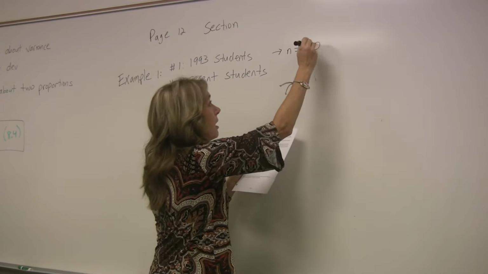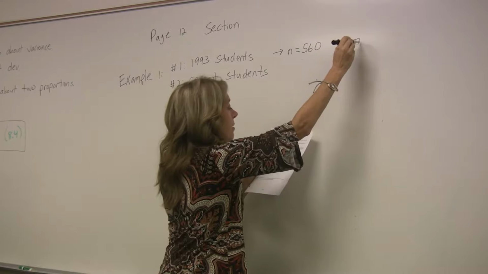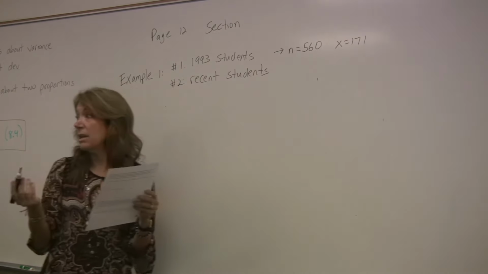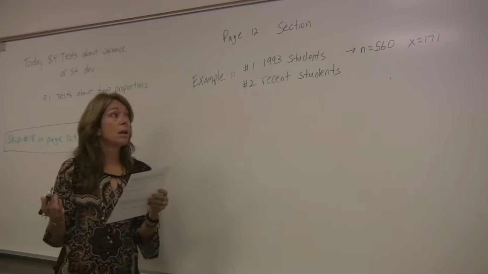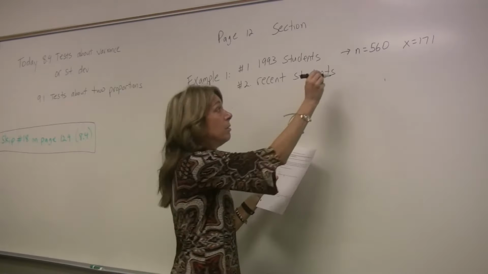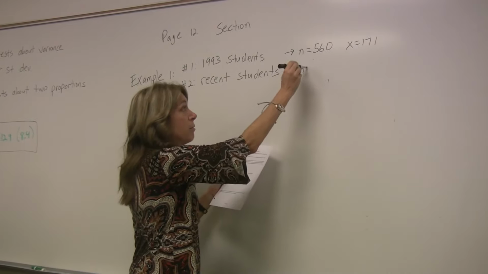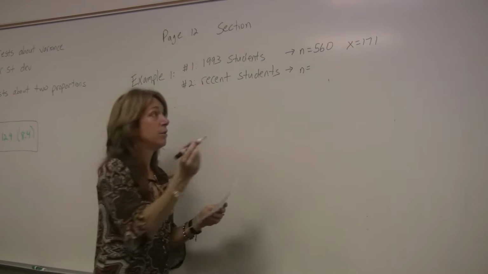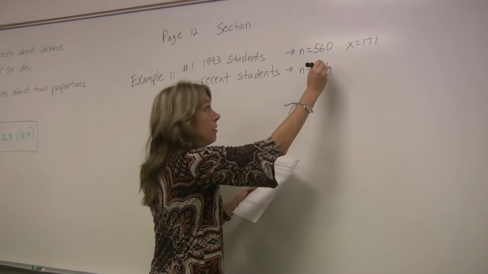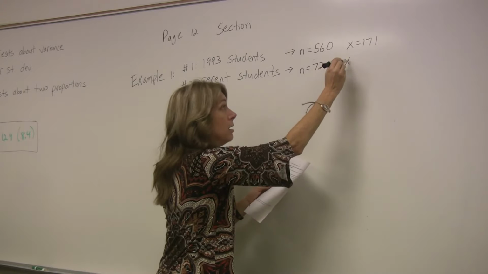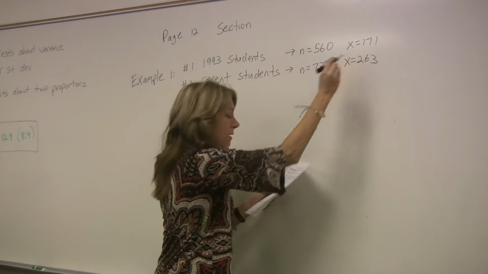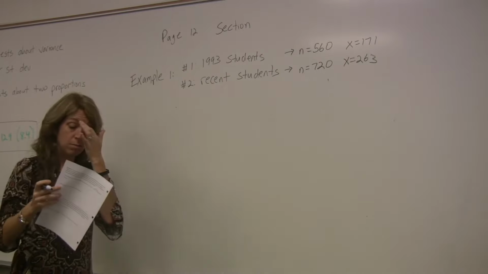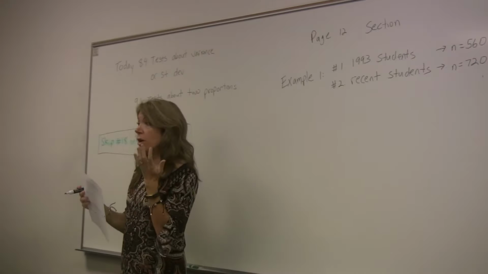And 171 of them said they used illegal drugs back in 1993. And then for this group, they took a different sample size, because it was a completely different survey. They surveyed 720 college students, and 263 of them said they used illegal drugs. Just organizing what they gave me.